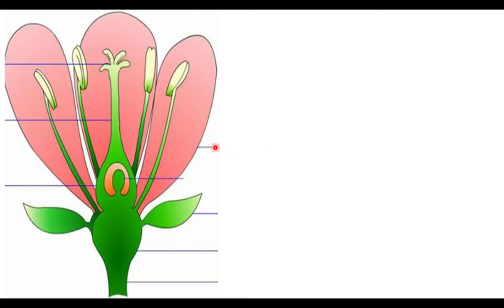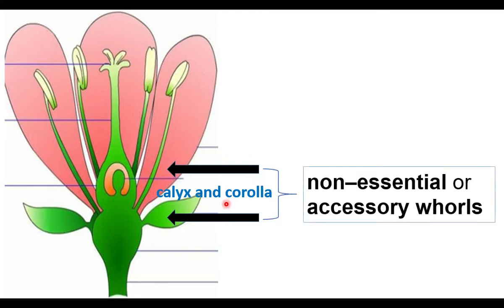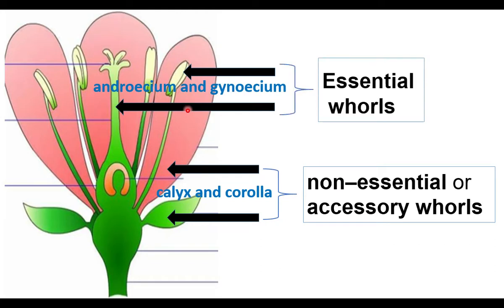The floral parts are grouped under 2 categories. Calyx and corolla are called non-essential or accessory whorls. Androecium and gynoecium are called essential whorls.